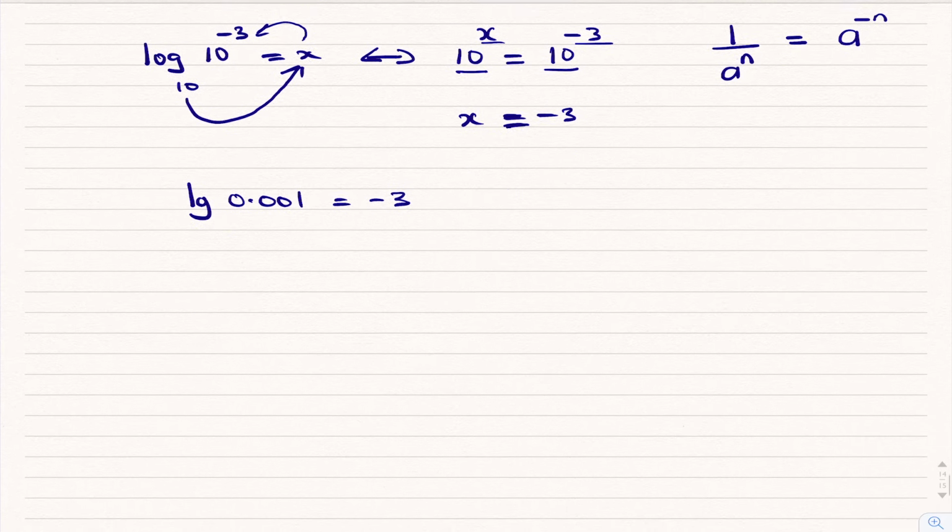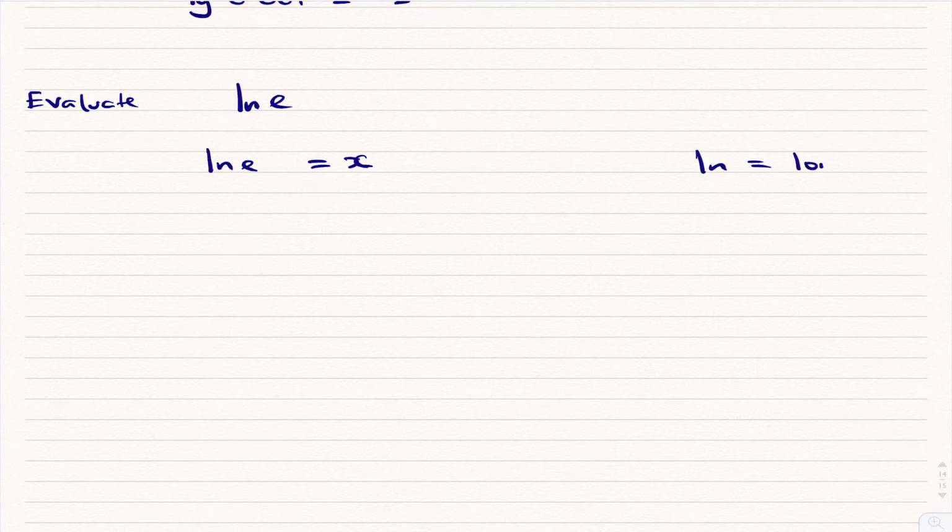Let's try another one. We're told to evaluate ln e. Well, we have to say ln e equals x. Now I know what ln e is. ln is log of base e.